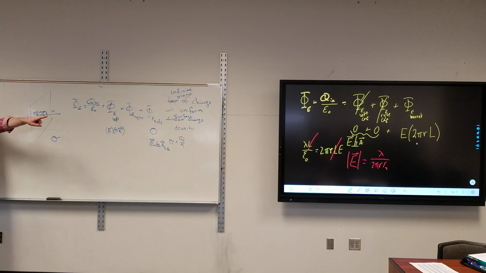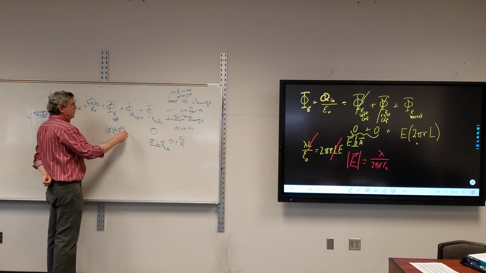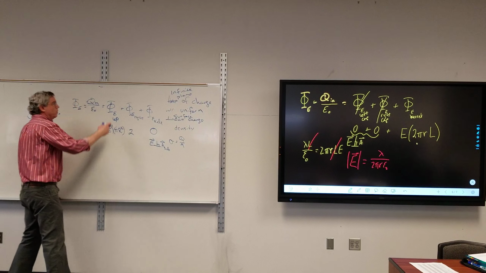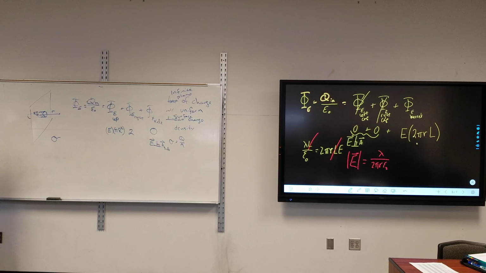My area vector is in the same direction as the electric field on the right and on the left. They're still in the same direction, so those would be the same electric flux.